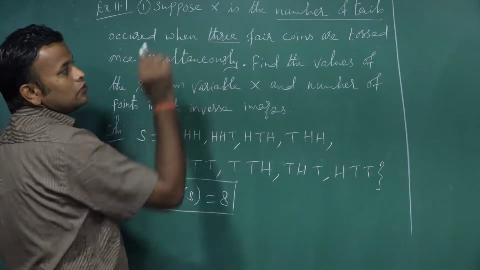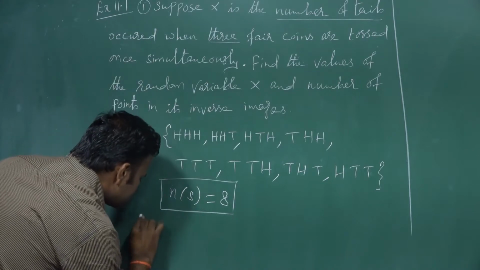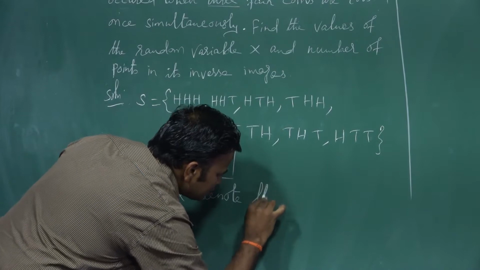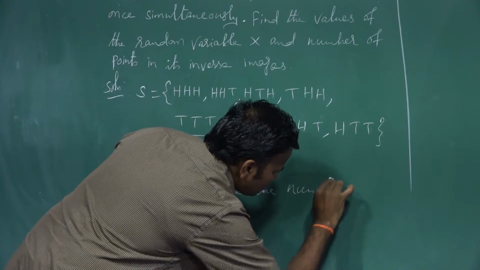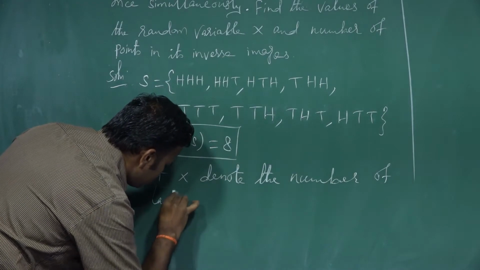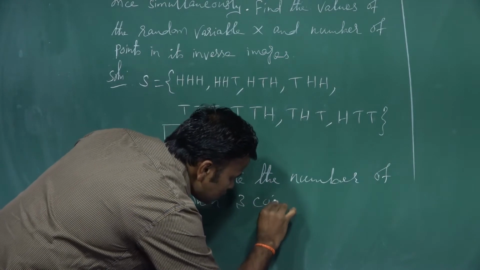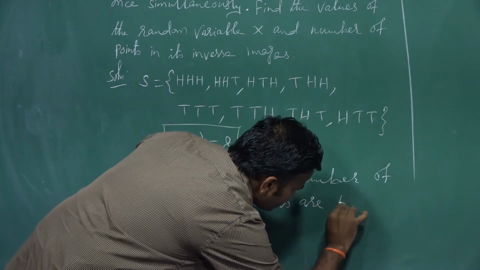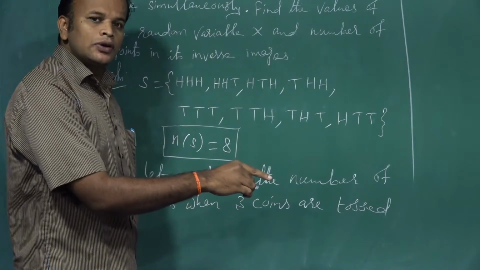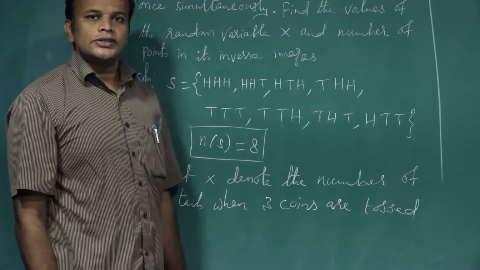Next, where x denotes here. X denotes the number of tails. So it's important. Let x denote the number of tails when 3 coins are tossed.